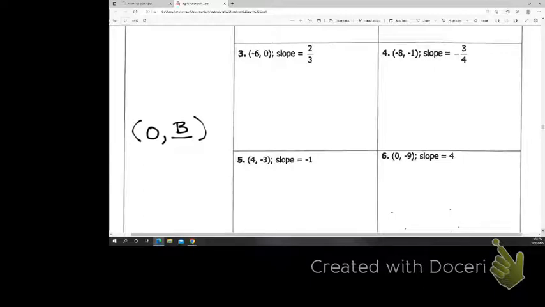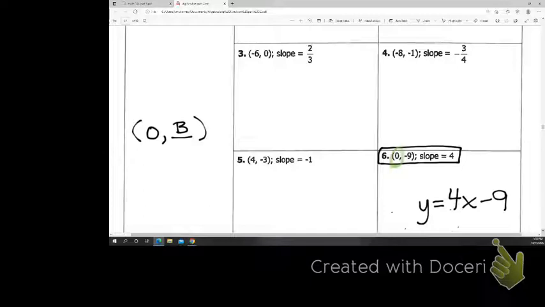So a problem like number 6, I could plug in and find it, but I could also just look at this and know the slope is 4 and the y-intercept is -9. That shortcut only works because this has a 0 in the x. Because if it's at 0, -9, that is on the y-axis. That is the y-intercept. Most of the time we don't get that lucky.